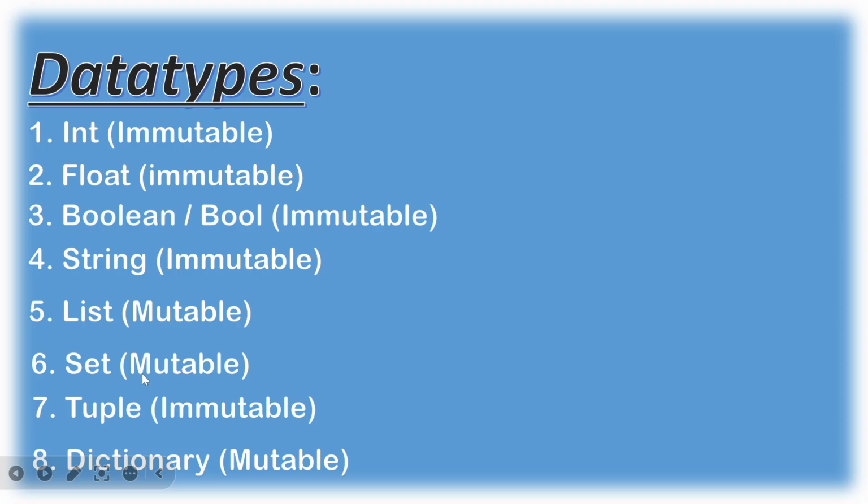Mutable means we can change the values and play around. Out of 8 data types in Python, integer, float, boolean, string and tuple are all immutable. The only mutable data types are list, set and dictionary. Okay. So now we are going to start with each data type individually.